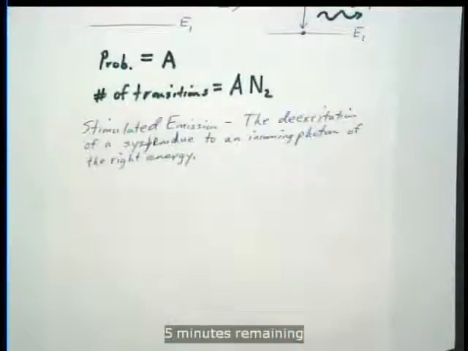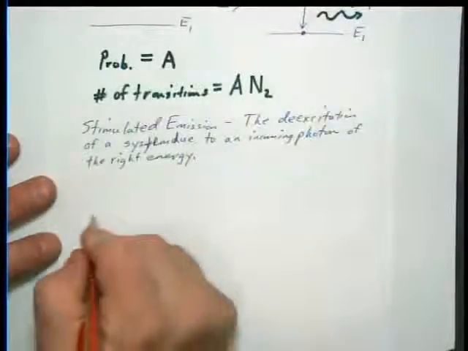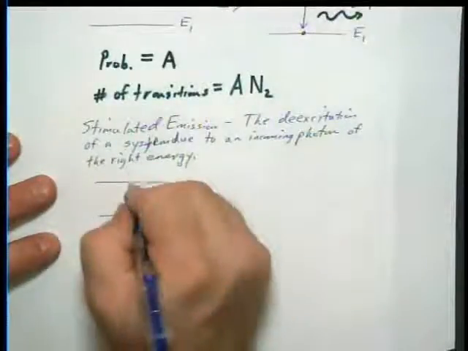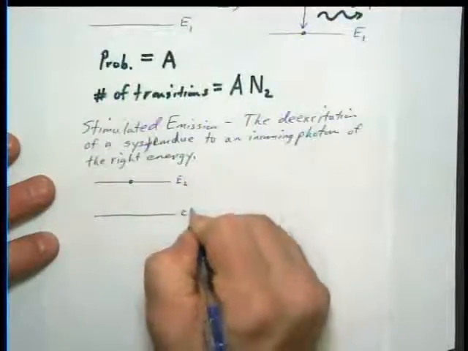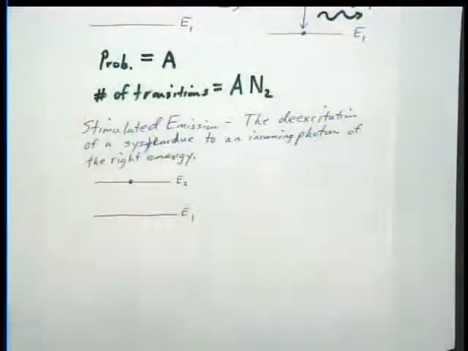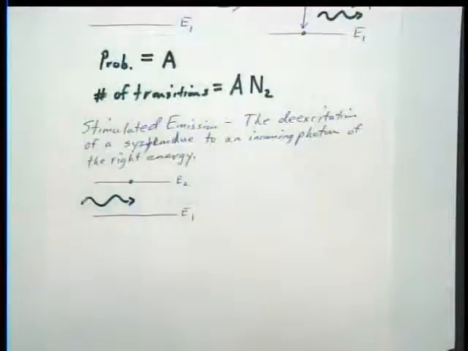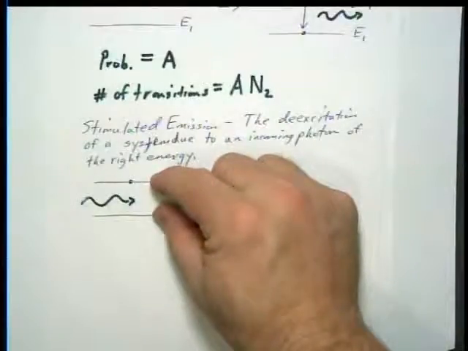In this case, what happens is, you're back up here, and you have an electron right there, E2 minus E1. And a photon comes in. And that photon happens to match the energy difference between these two.